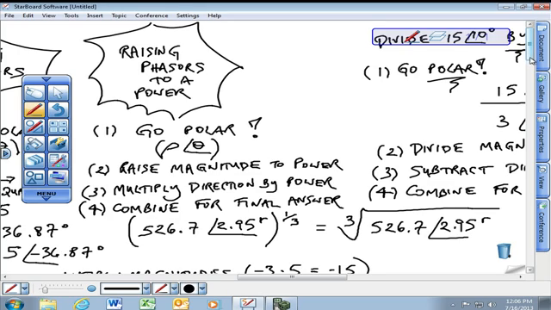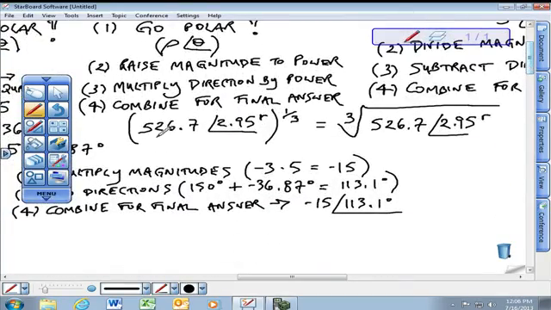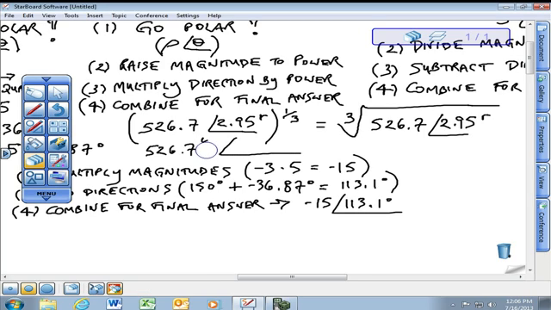So how would we solve this? First thing we're going to do, I'm just going to move this up a little bit. We're going to raise the magnitude to a power. So the magnitude, that's going to be 526.7, and I'm going to raise that to the 1/3 power. And then I'm going to take the direction, that's 2.95 radians, and I'm going to multiply by 1/3.